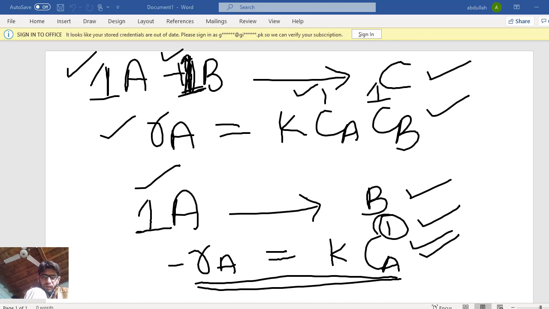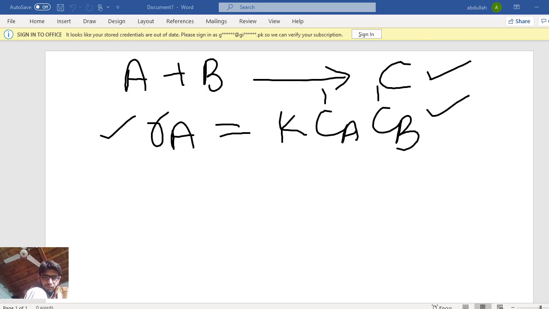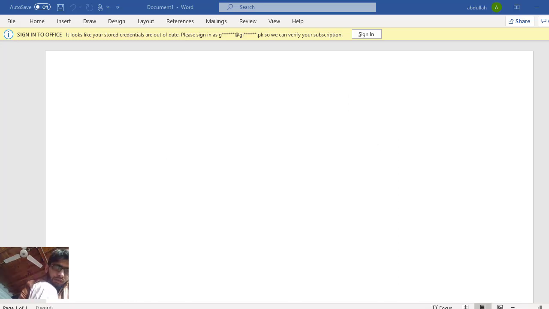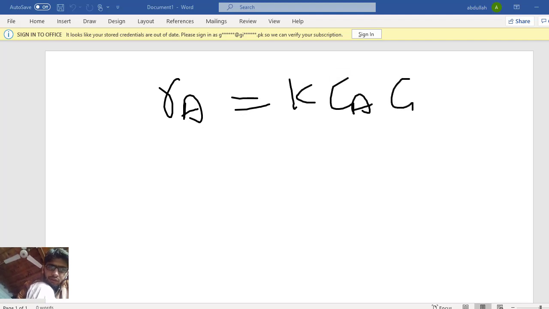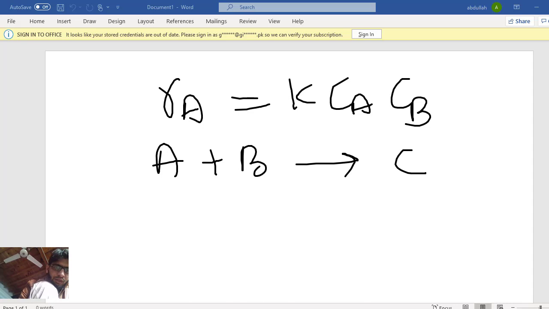Suppose this is the rate, K C_A C_B. Suppose this rate law is written for this elementary reaction into C. So these are the stoichiometric coefficients, and the power of concentration is nothing but the stoichiometric coefficient.